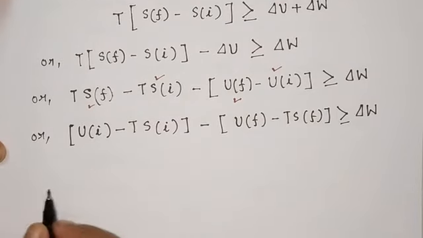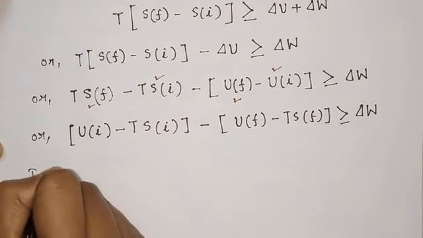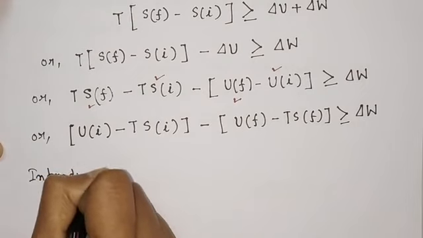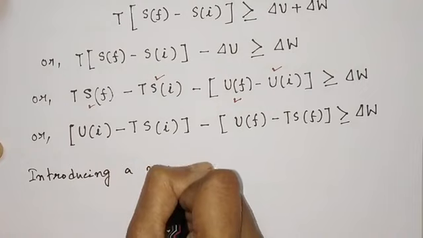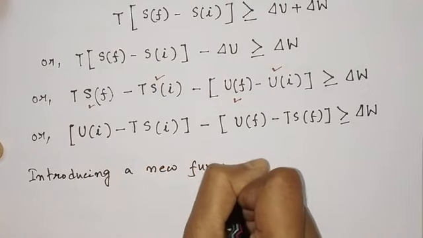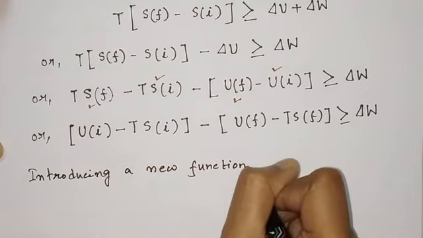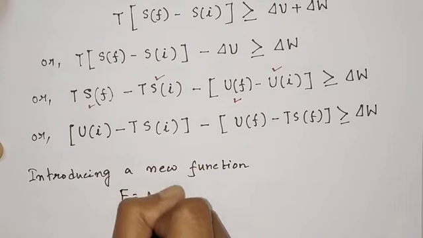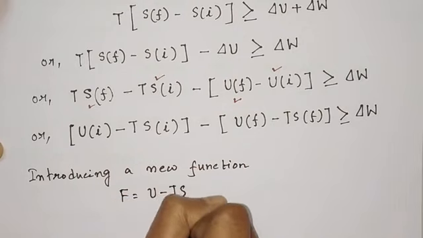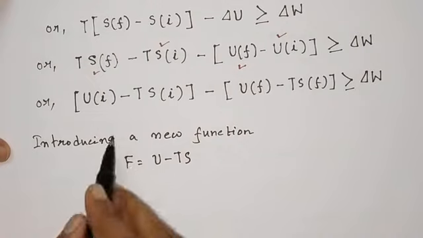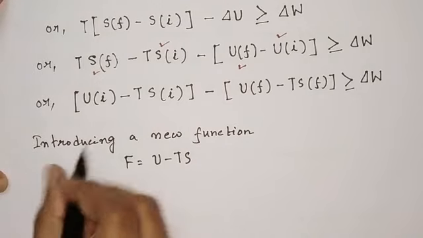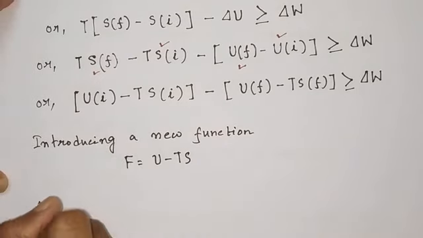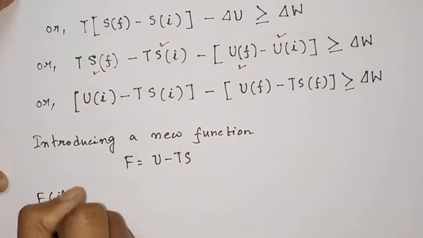So now we will introduce a new function, F equals U minus TS. So what will be UI minus TSI? It will be FI.